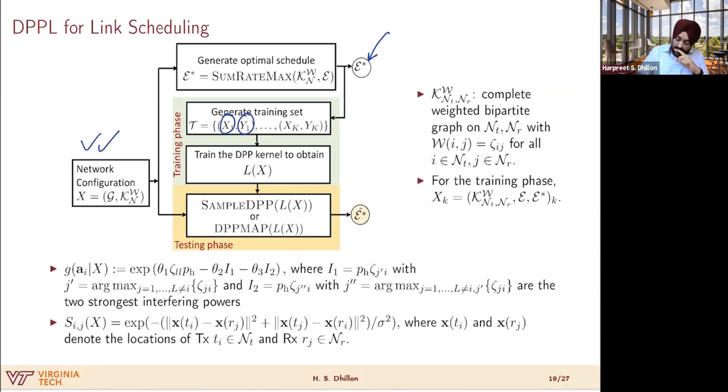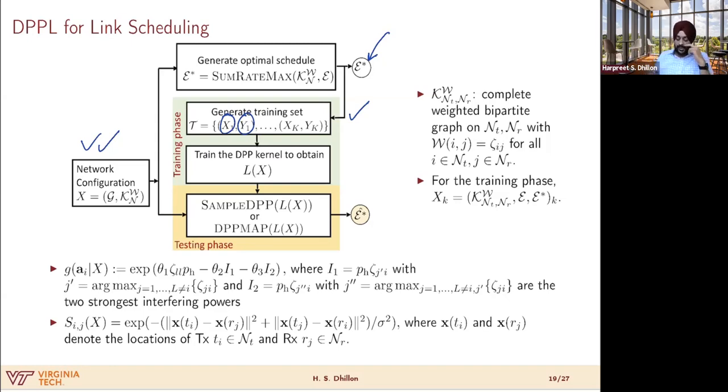Now, using this data set, you train your DPP. As we discussed before, there will be a quality diversity trade-off, which means that we need to now decide what quality means in this case, what similarity means in this case, and so on. Now, this is really up to the designer to choose.